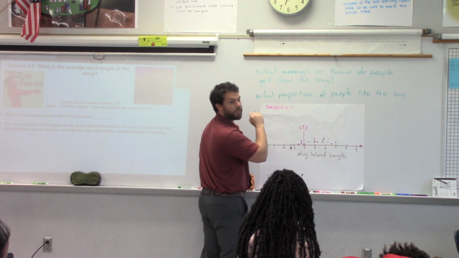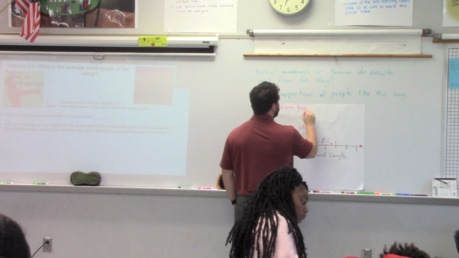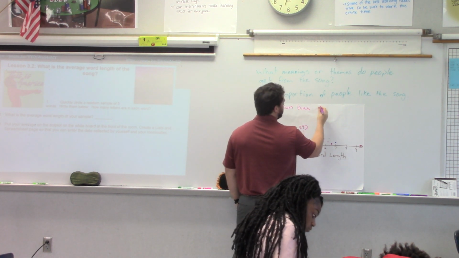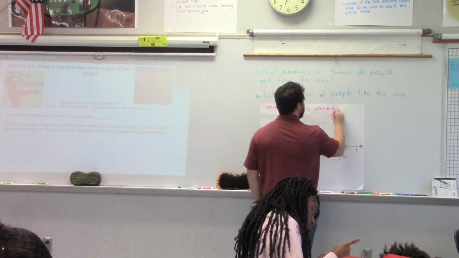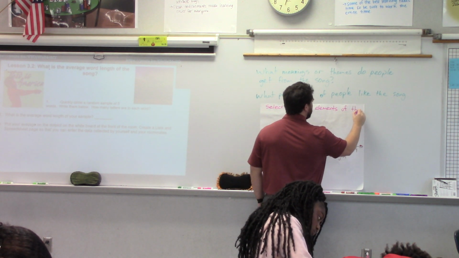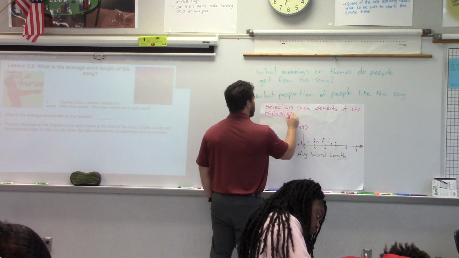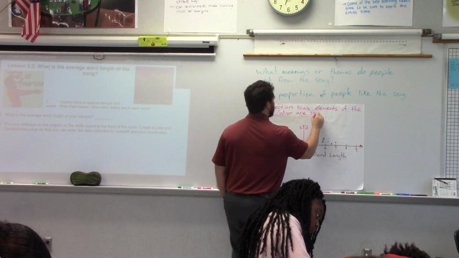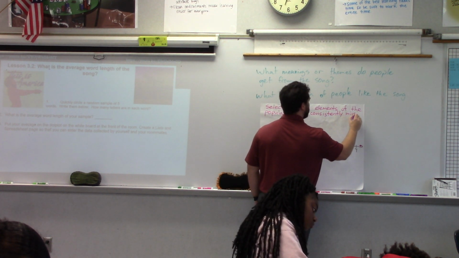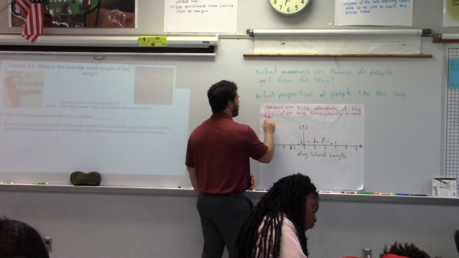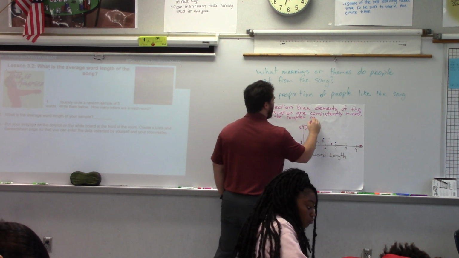I would make sure you write this down somewhere on that sheet of paper. This is one of the biases that we'll talk about. So selection bias: elements of the population are consistently missed, so the samples are biased.